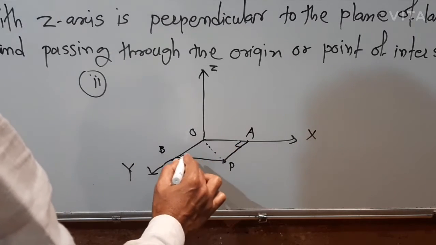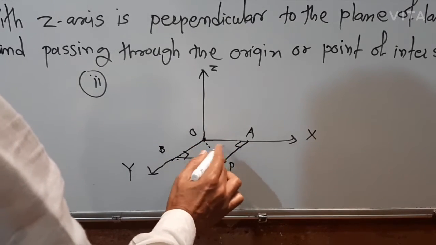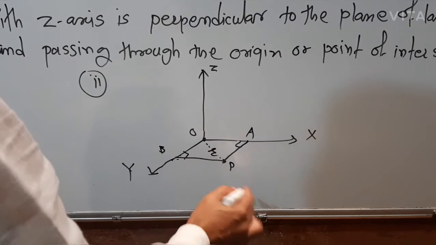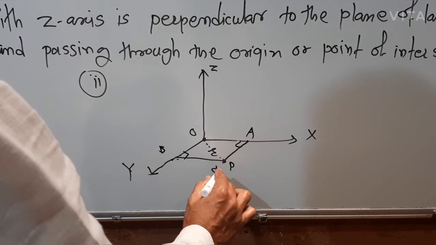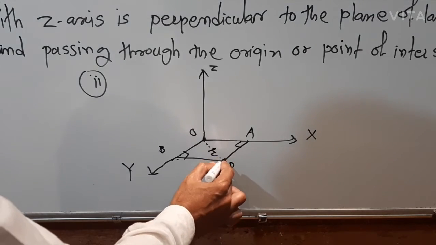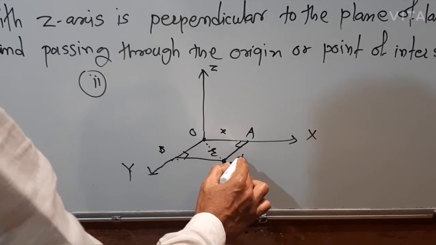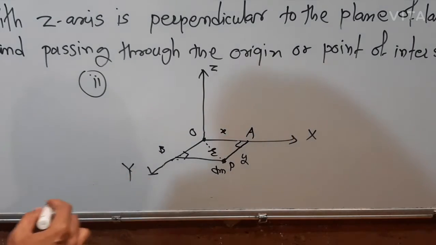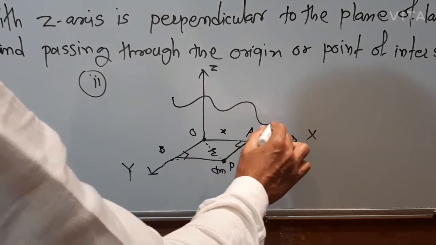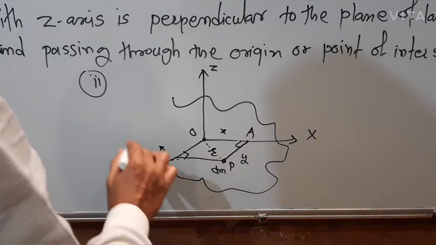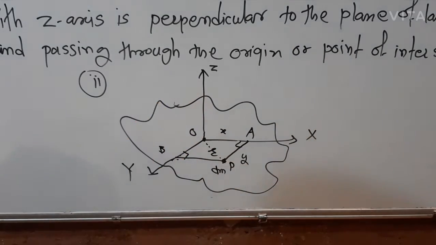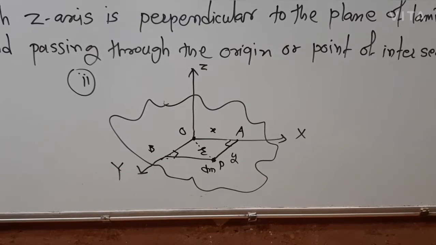So here is a perpendicular, and suppose that this distance is r, at which there is an element of mass dm. So this distance is x and this distance is y. After completing this, show here a lamina like this. Draw this figure. In this way we complete the second point, the diagram.